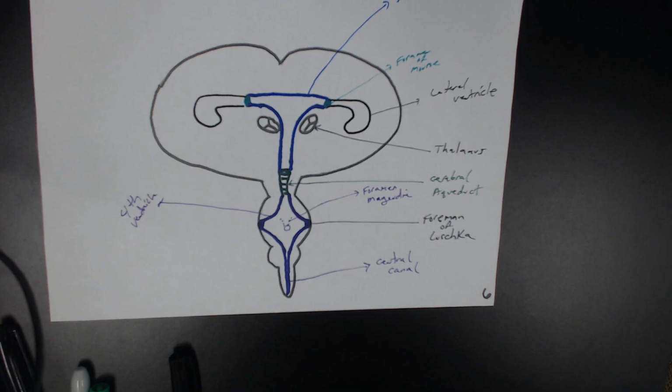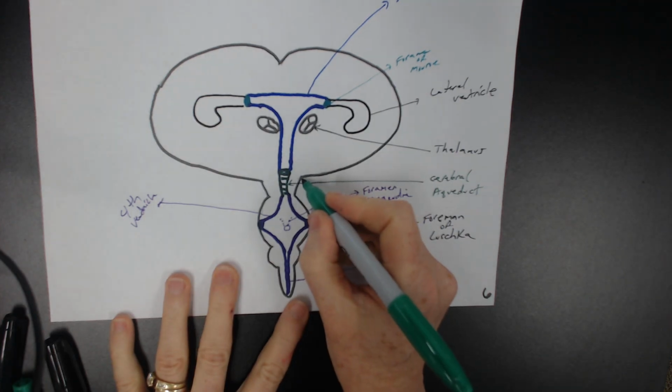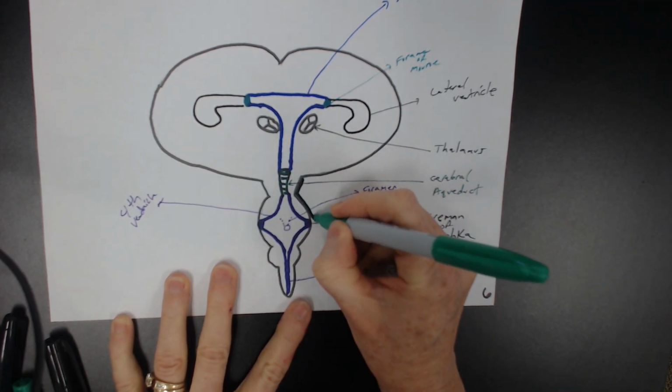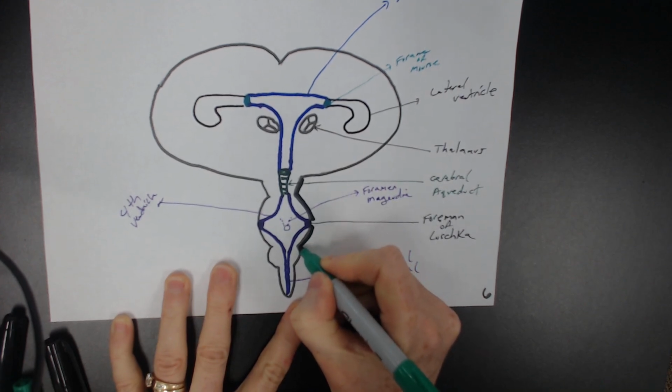Now, the next thing I'd like to do is go ahead and add in our meningeal layers. Okay, very tightly adhered to the CNS. Here is our first meningeal layer, and what matter is that? Pia, soft matter. There's going to be a little opening here for the foramen.